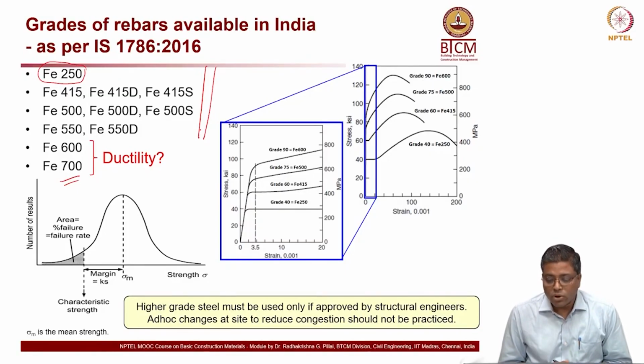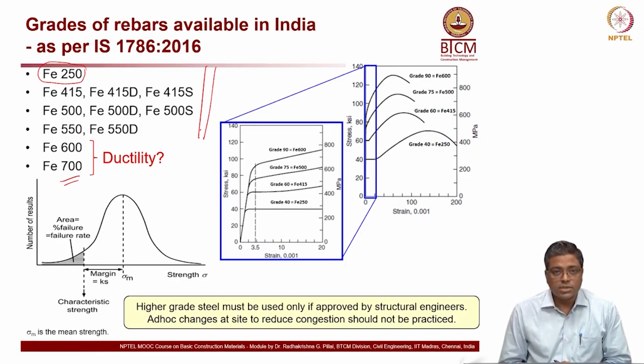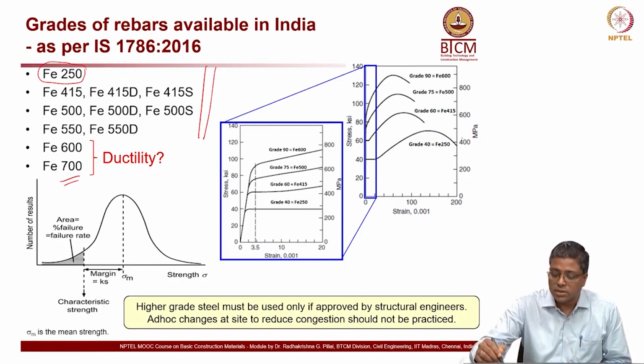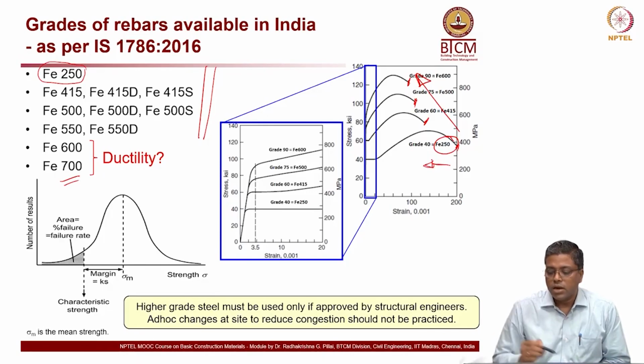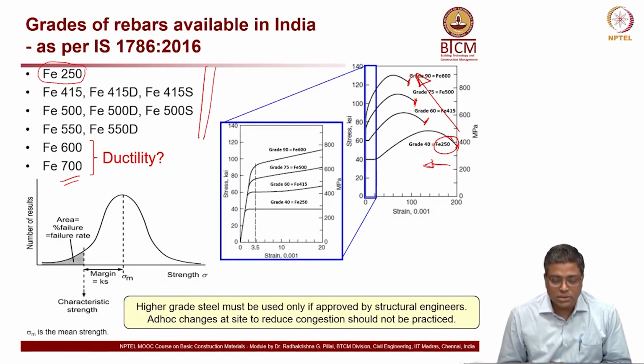And if you look at the graph on the right side, you can see that as the strength increases from 250 here, the ductility is decreasing. The end points of the curves are moving to the left, right? That means ductility is decreasing.